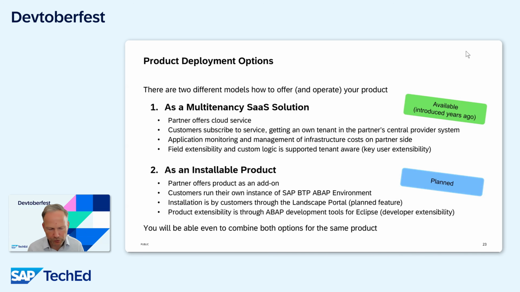Or you could offer this product as an installable product to your customers, and in that scenario, it would be installed on the customer side, and it would be like a private edition, so to say, where the data is stored within the customer's system. So these two options will be supported. The second one, again, is not available today, but our plan is to offer this by the end of this calendar year.